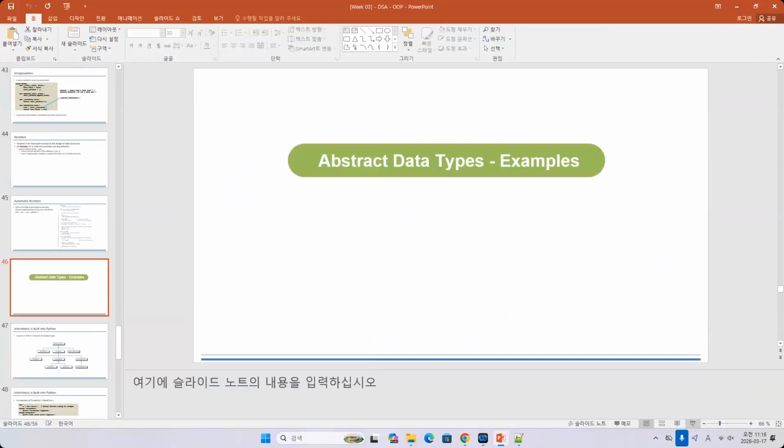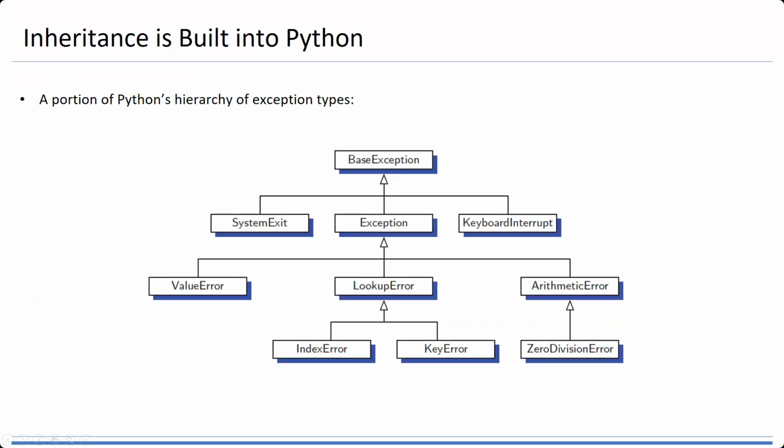The last part that I want to explain is examples. So in Python, there are built-in functions about exceptions. This is one example that is good to explain inheritance. For the exception, we have the base exception.